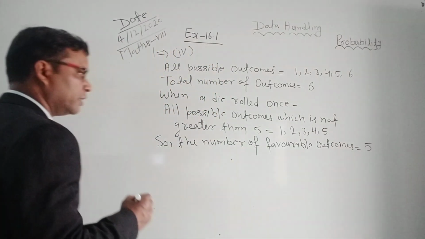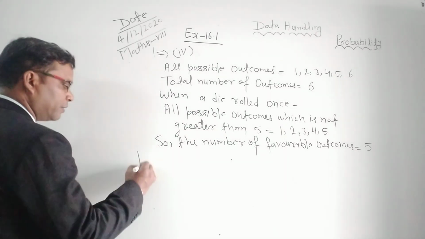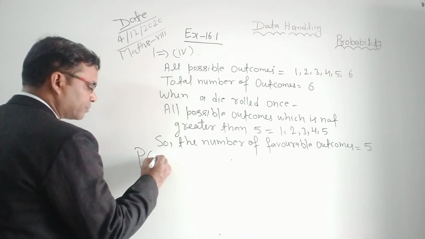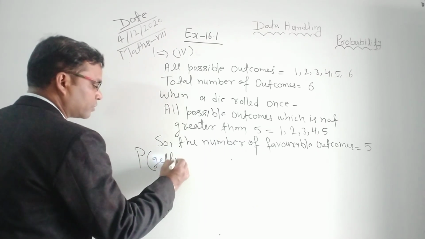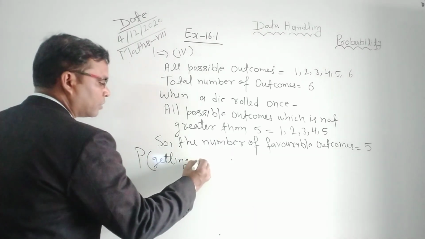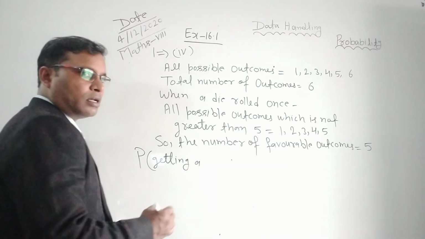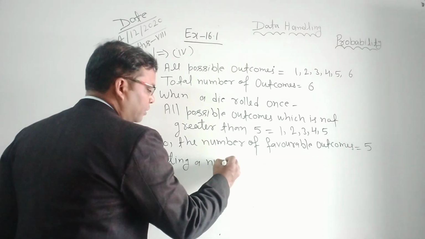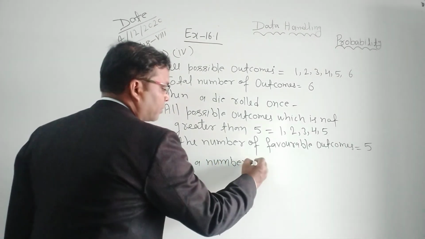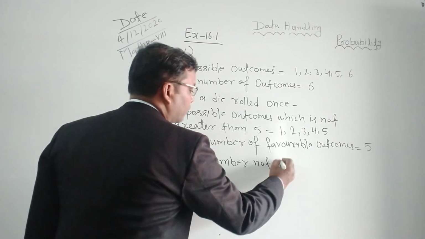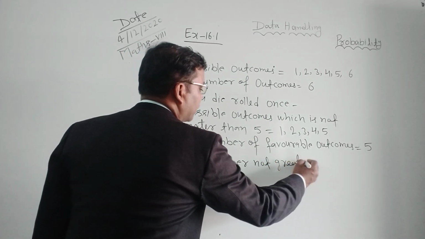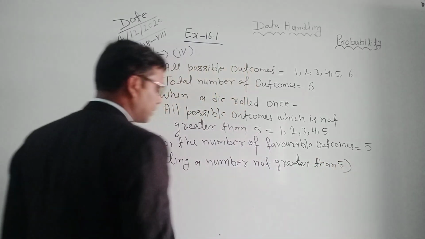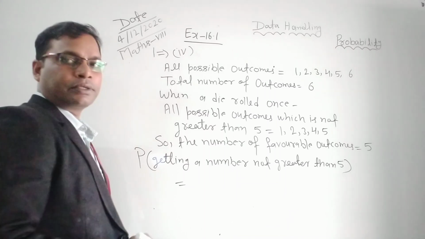So you can write here probability of getting a number not greater than 5. This is equal to what?